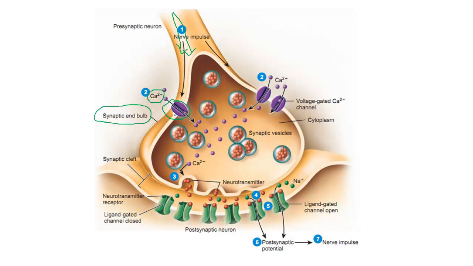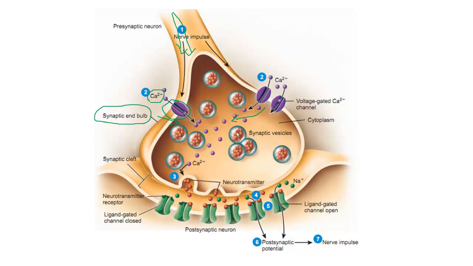Once the calcium ion gates are opened, it triggers the influx of calcium ions. Once calcium gushes inside of the neuron, it triggers the exocytosis of certain secretory vesicles.